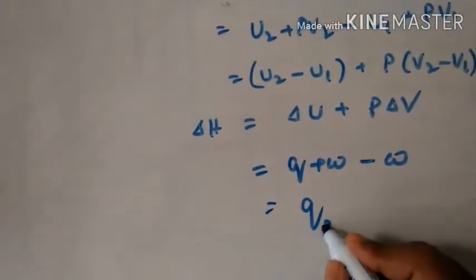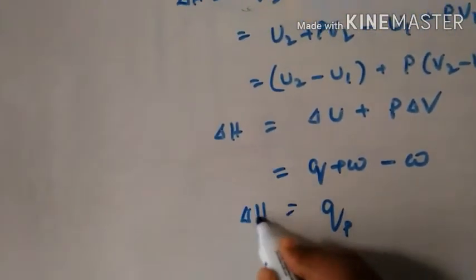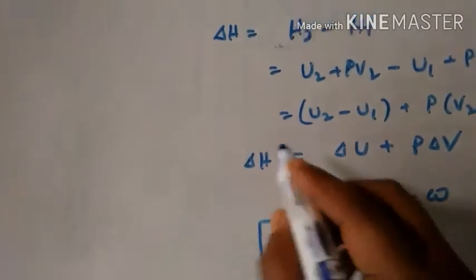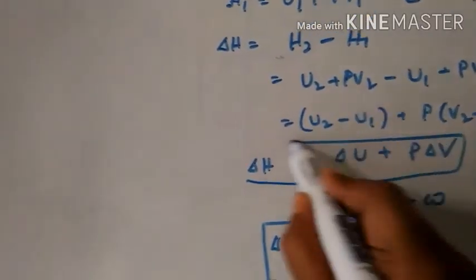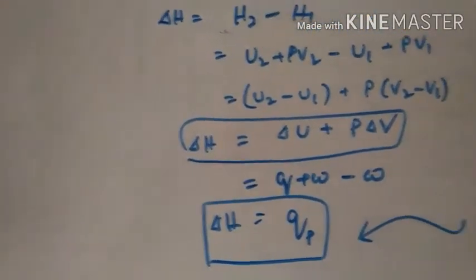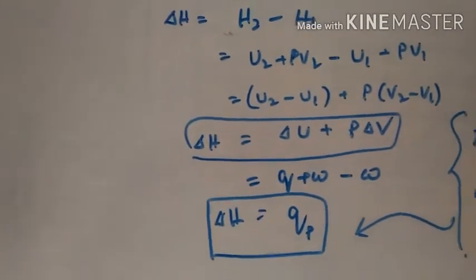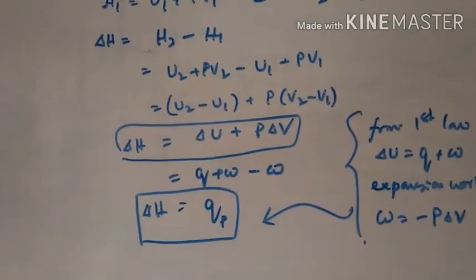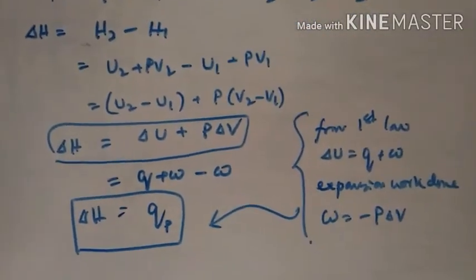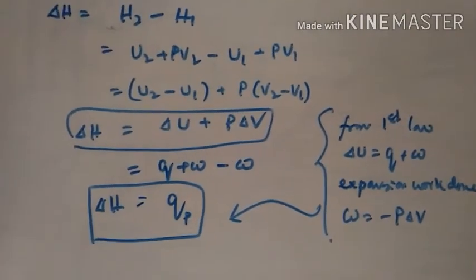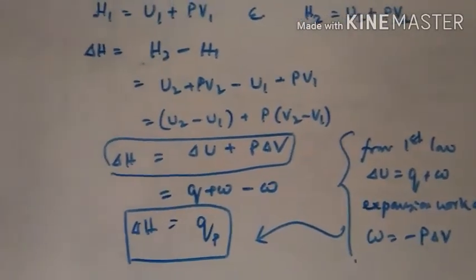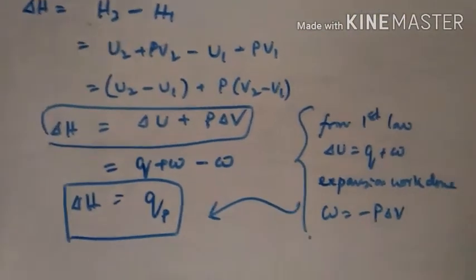If we calculate it from the first law at constant pressure, delta H equals Q P. It summarizes that the system's delta H shows the heat at constant pressure, Q P.